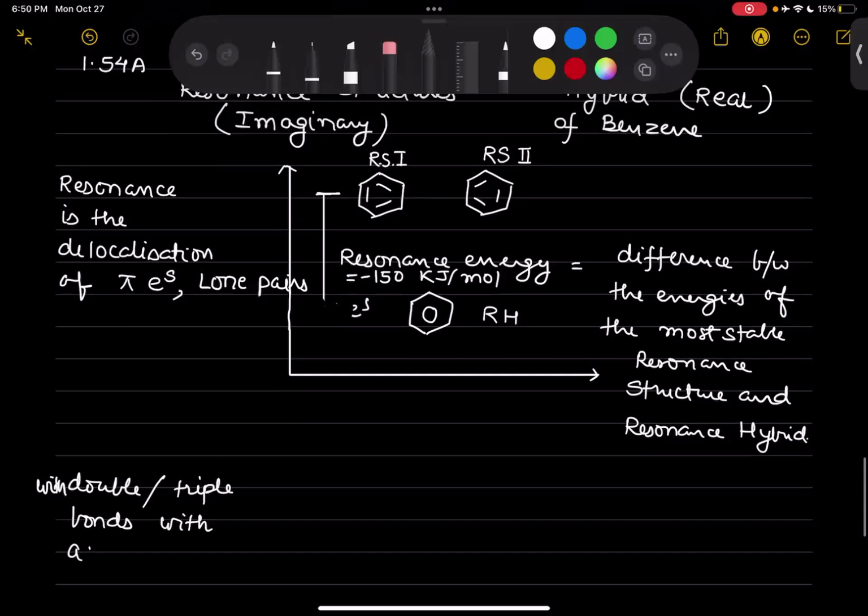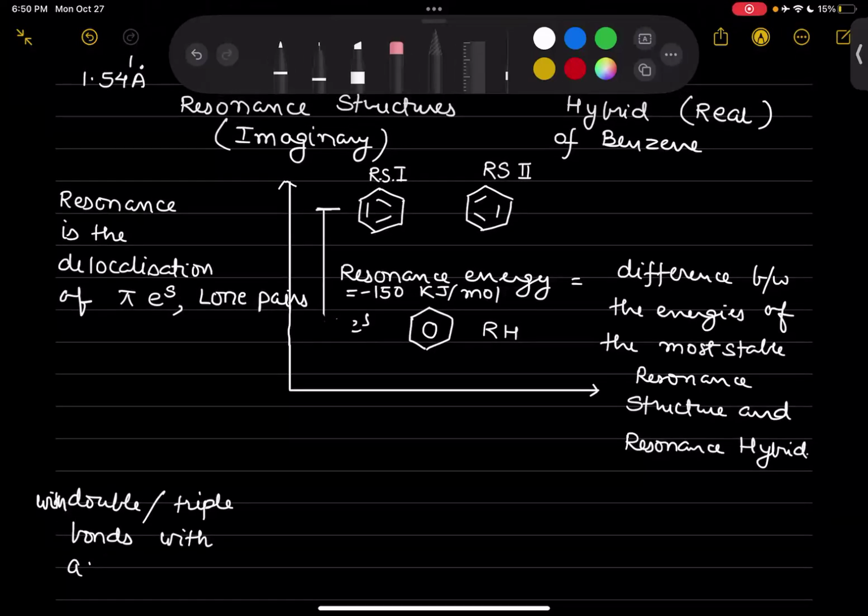So resonance is the delocalization of pi electrons, lone pairs, odd electrons.